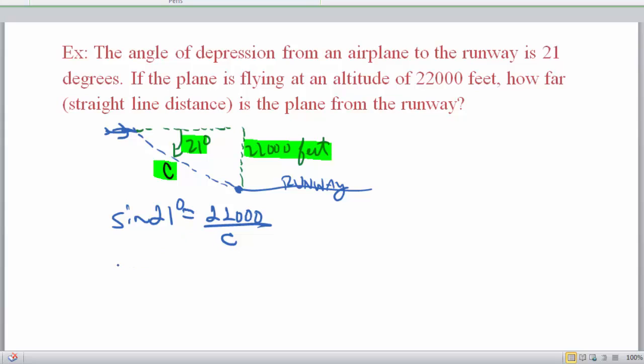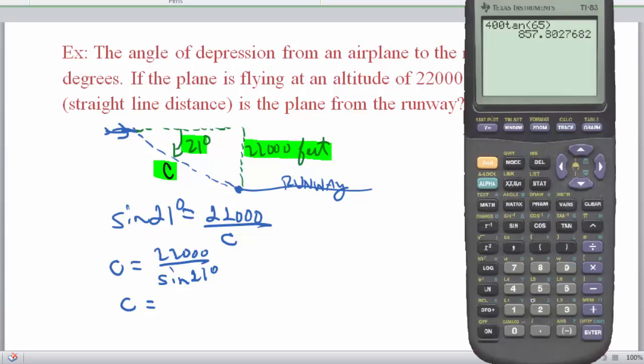So again, the shortcut was, we said, when the unknown is in the denominator, you're going to be dividing the value that you have, 22,000, by the trig function, which is the sine of 21 degrees. So in this case, it's 22,000 divided by the sine of 21. And I'm already in degree mode, so I can just do 22,000 divided by the sine of 21 degrees.